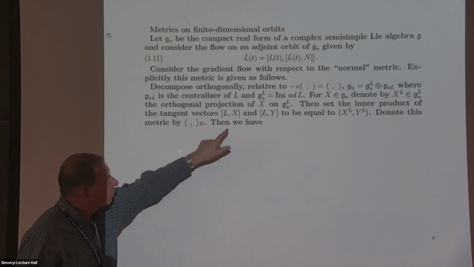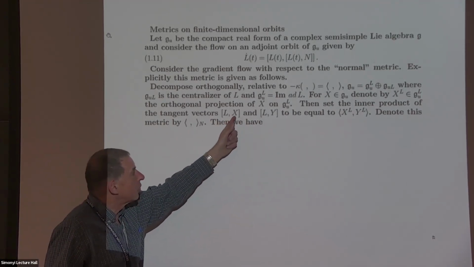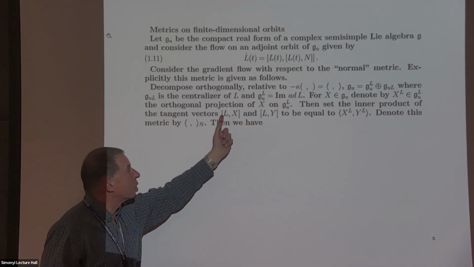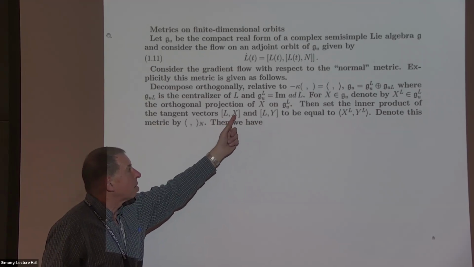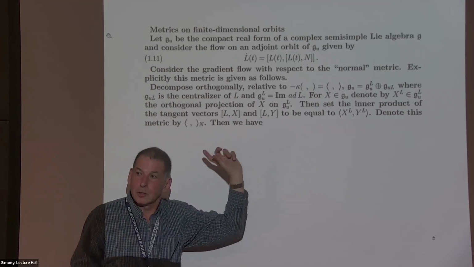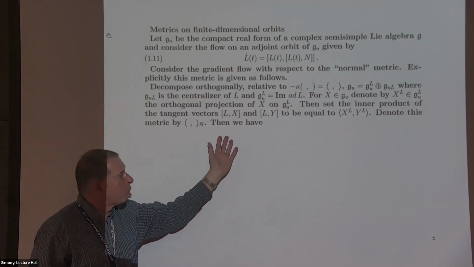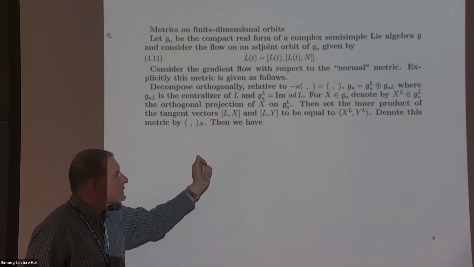So for example, to get the normal metric, you take L bracket X and L bracket Y, and the metric is just trace of X Y, basically, where you ignore the part that commutes with L. So it's the part of X that doesn't commute with L, and you take the part of Y that doesn't commute with L and you pair them together. That's the normal metric. And that's how you get the double bracket flow and the Toda flow and so on.